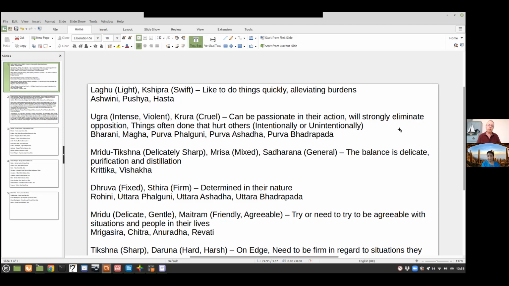So what you find with the Mridu, Tikshna, Mishra, and Sadharana nakshatras is that the balance is delicate. And there's a process of purification and distillation that's going on, right? Those two nakshatras are Krittika, which is very big on purifying, and Vishakha as well.